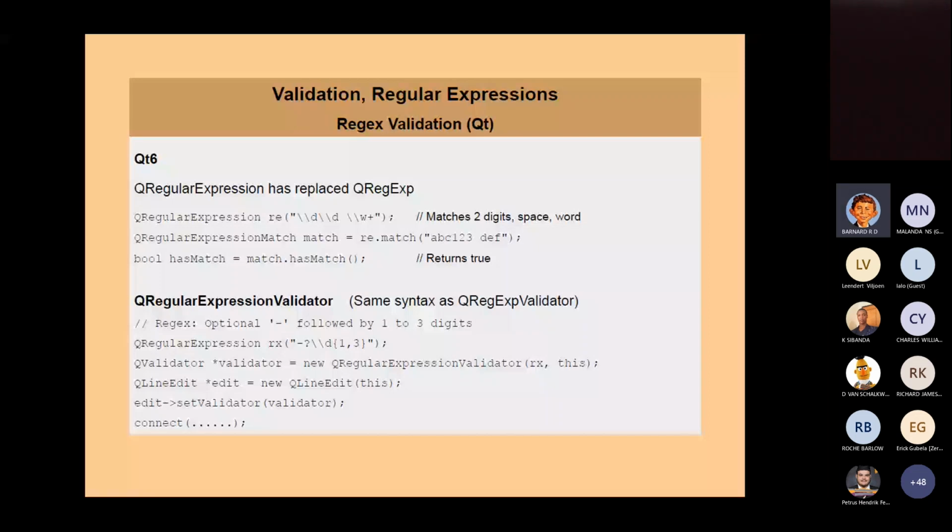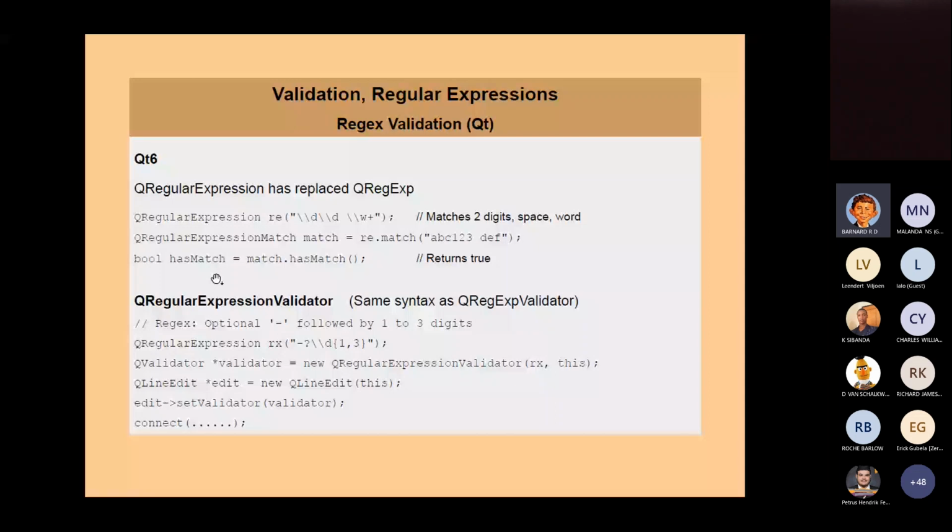So you've got 2 different things here. You've got your regular expression where you define your actual regular expression, and then you call your regular expression match, and you put in the string that you want to match it against. And then this regular expression match has a method called hasMatch, which returns bool. And you can then check if you actually have a match with your input string and your regular expression. So that is how you use regular expressions.